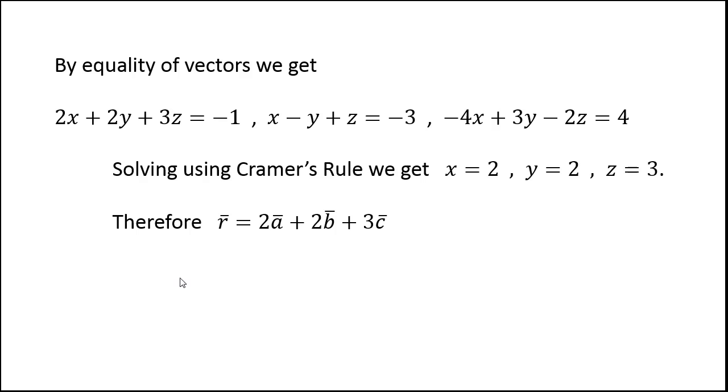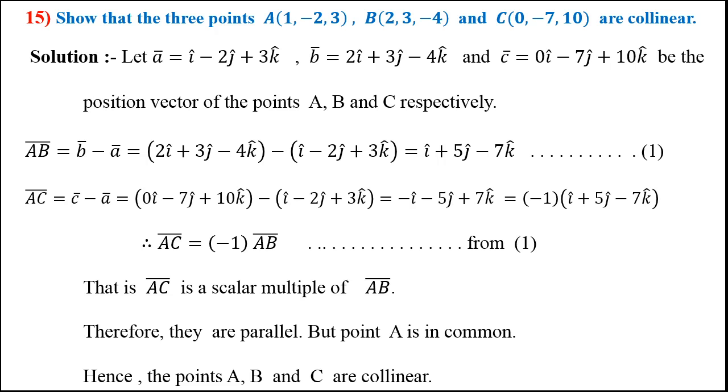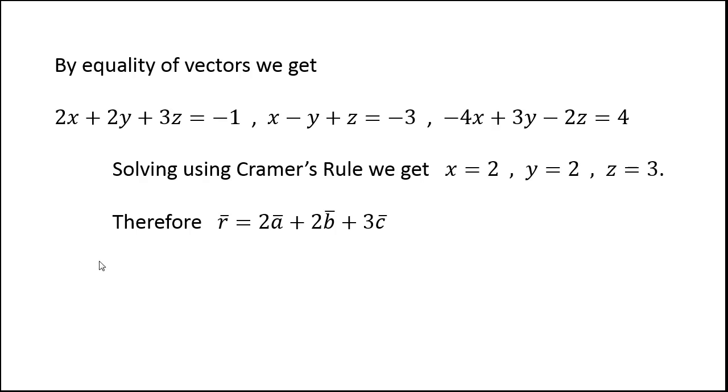So I put them in this equation, r bar is equal to x a bar plus y b bar plus z c bar, and now my given vector r bar is expressed as a linear combination of a bar, b bar and c bar. This is possible because the given vectors a bar, b bar, c bar were non-zero and non-coplanar.